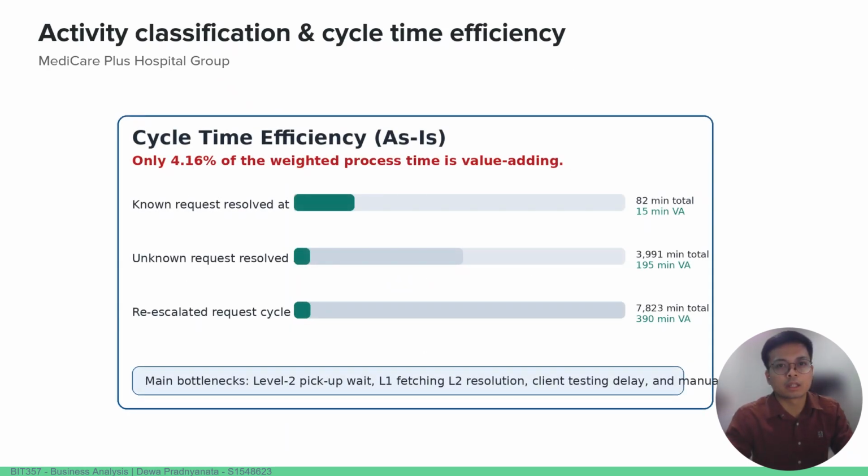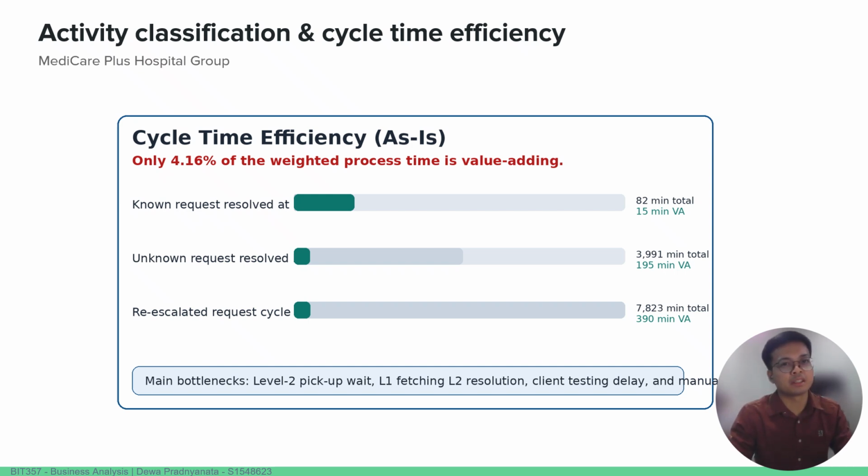The activities were classified into three categories: value adding, business value adding, and non-value adding. The value adding activities are tasks that directly help solve the request, such as checking the knowledge base, researching the issue, and writing the resolution.